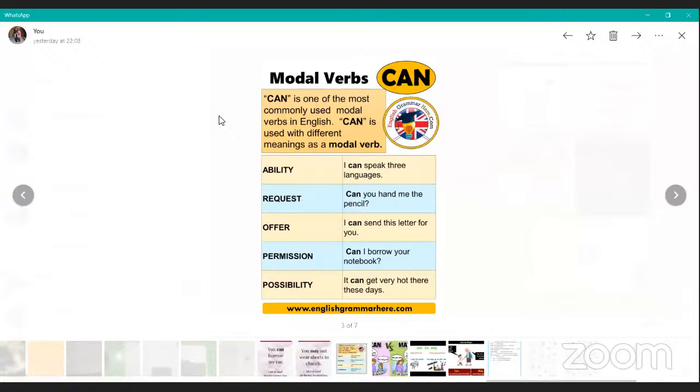Write this quickly. I can speak 3 languages.